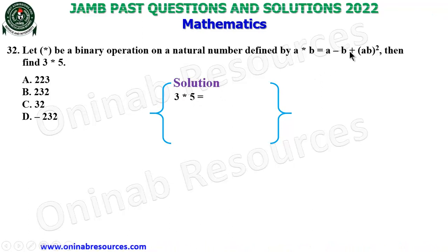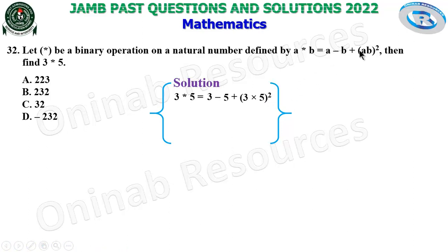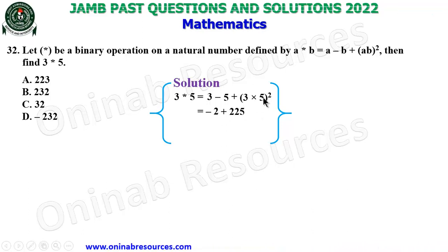We substitute into this relation. That's going to be 3 minus 5 plus 3 times 5 squared.